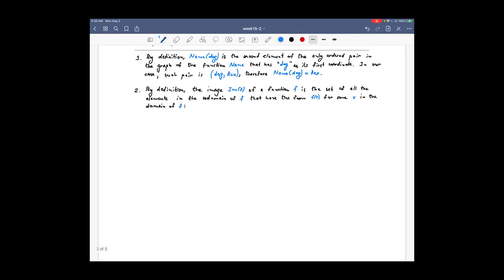In other words, the set image of f simply is the set of numbers, or not necessarily numbers. This is the set of elements f of x, where x is in the domain of f.